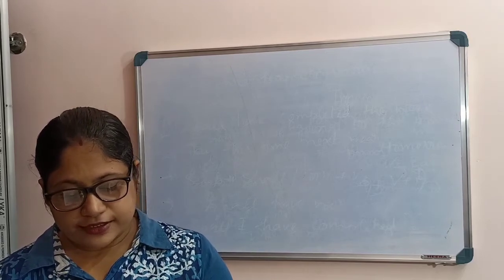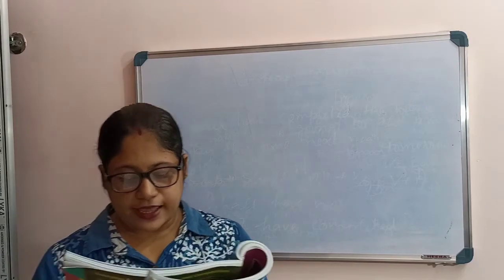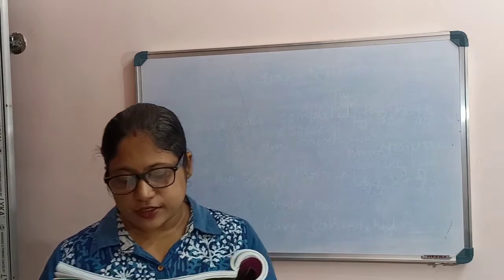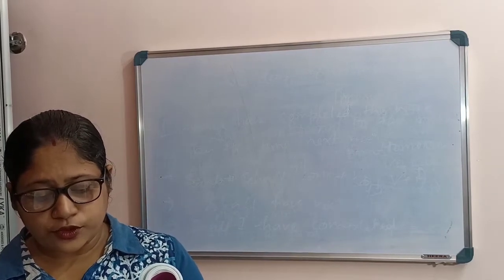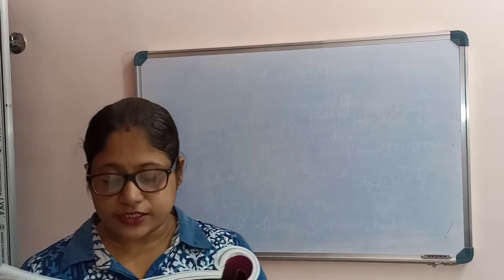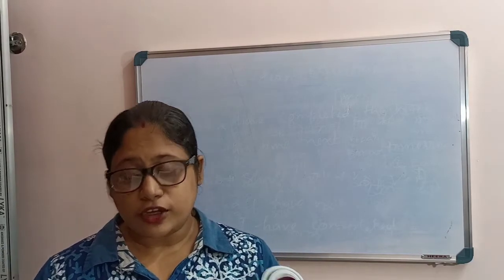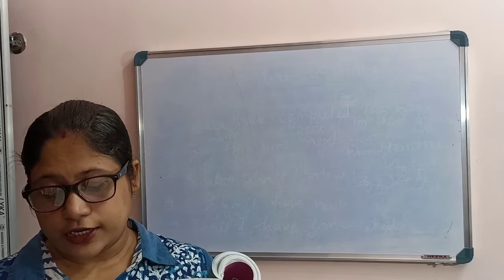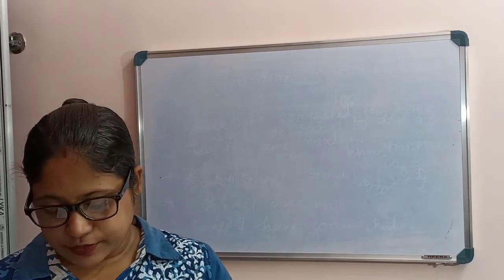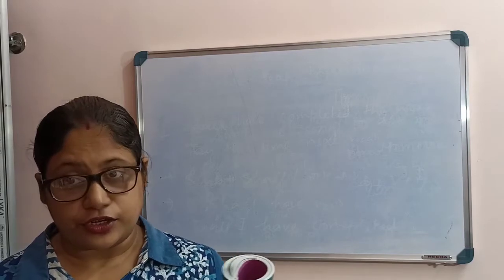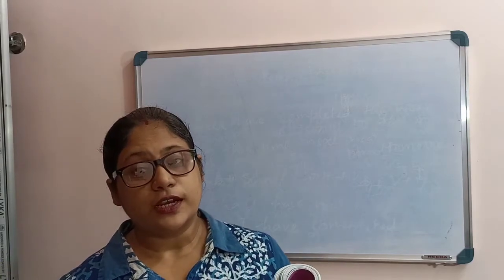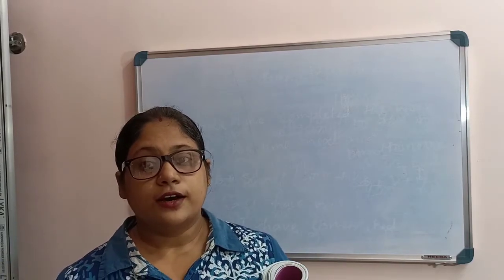Will or shall, anything can be there. Now number 6: unless you dash good marks, we dash for holiday. Unless you get good marks, we will not go for a holiday. I have put will here because there is a certain condition. If the condition is fulfilled, then only they can get a holiday trip.